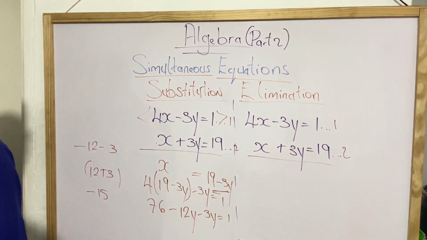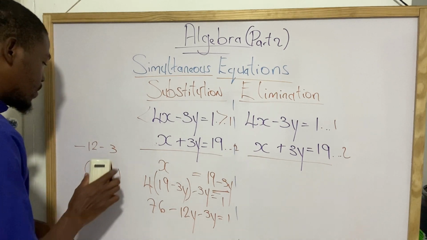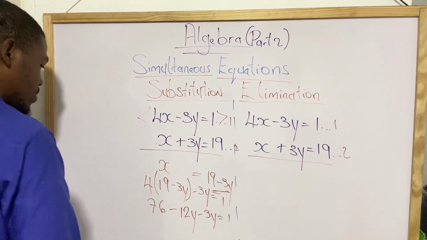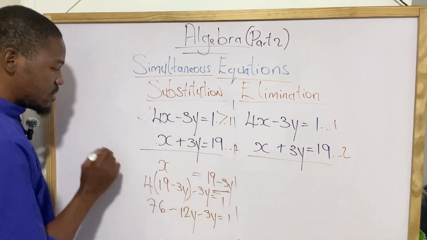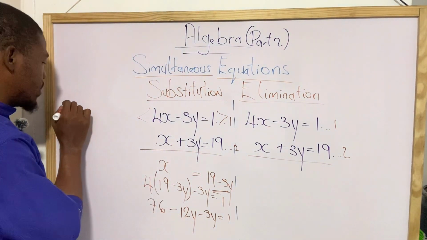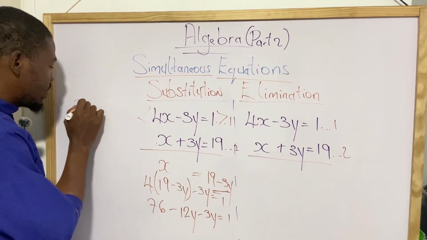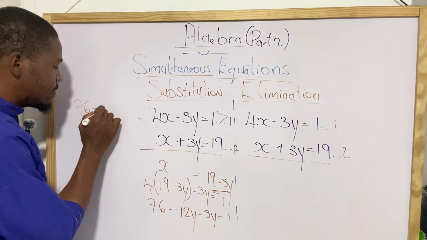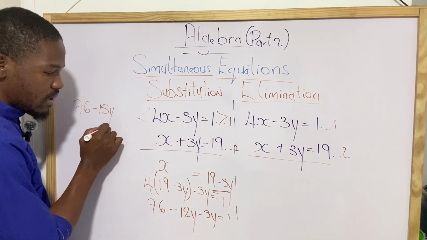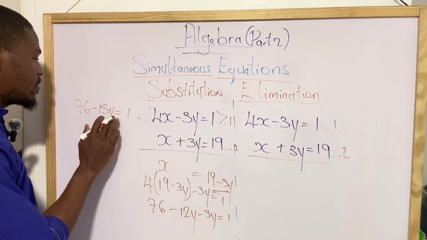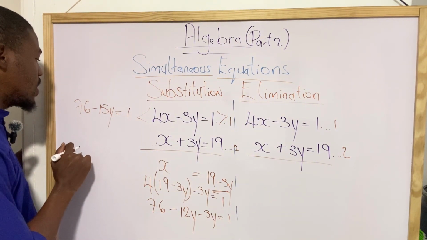Just remember that little rule. All right, so with that being said, we're just going to rewrite what we have right here. So I'm just going to take this work and put it right here. So now we actually have 76 minus 15y equals 1. So 76 minus 15y equals 1, right?